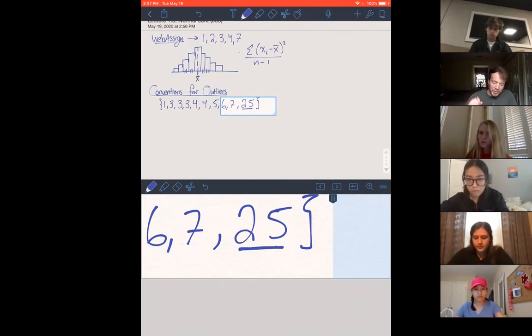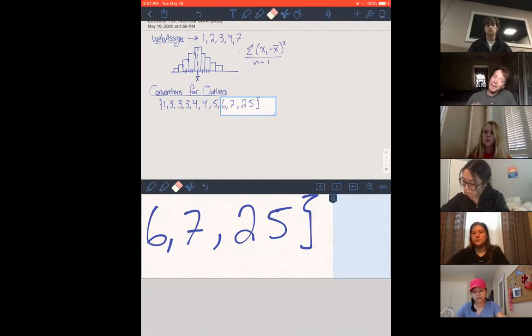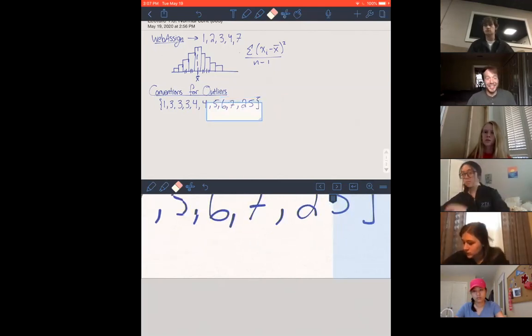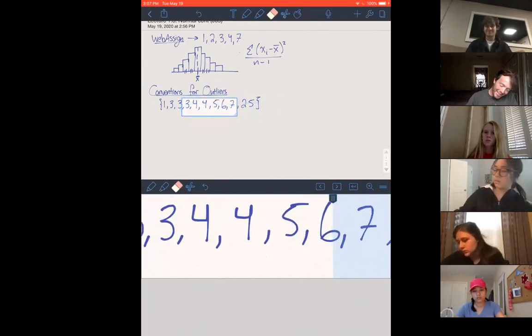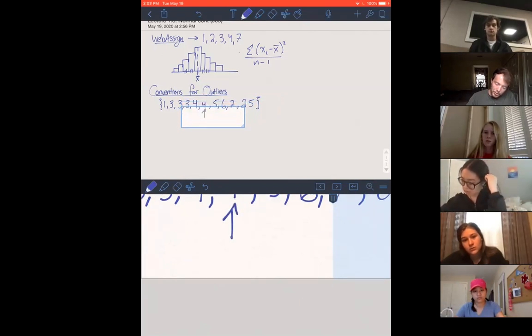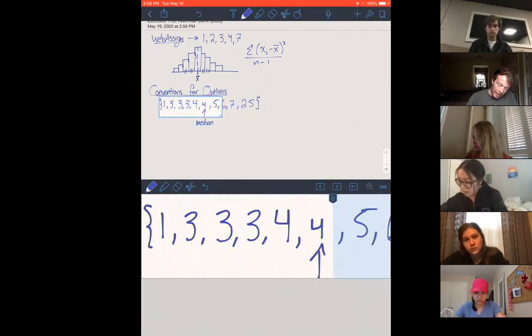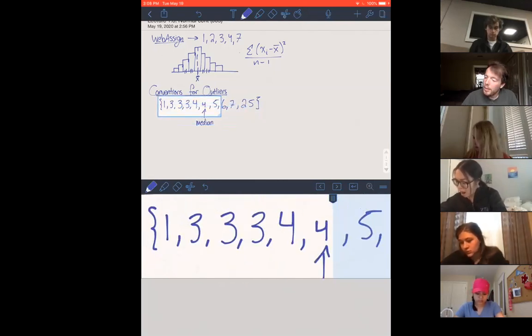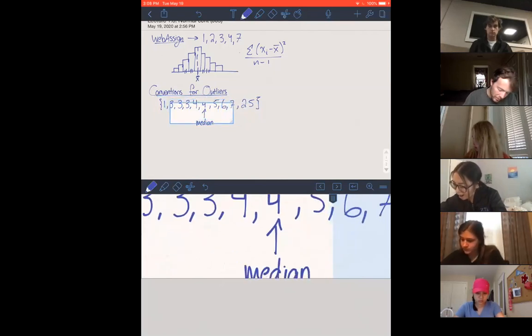I want us to come up with a rule to explicitly say whether or not a value is an outlier. So what if instead of 25 we had 10? Maybe 10 is an outlier, maybe it's not quite. Let's find out. In the case of this data, we start by looking at our usual breakout.